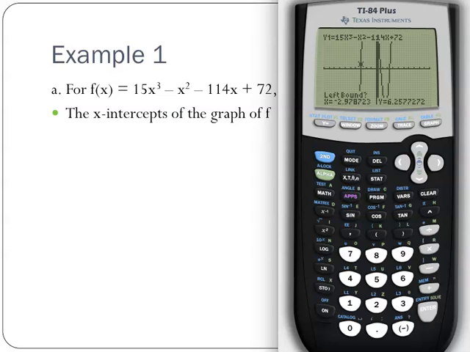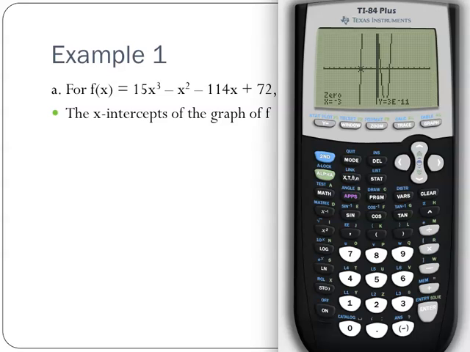So we just want to make sure that we are on the left of this 0. Hit enter. It'll ask for a right boundary. Hit enter. It'll ask you whether or not you want it to guess which 0 you're asking for. I'm going to hit enter one more time, and it finds that the 0 here is at -3.